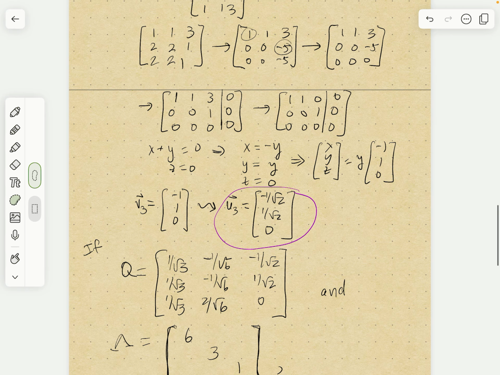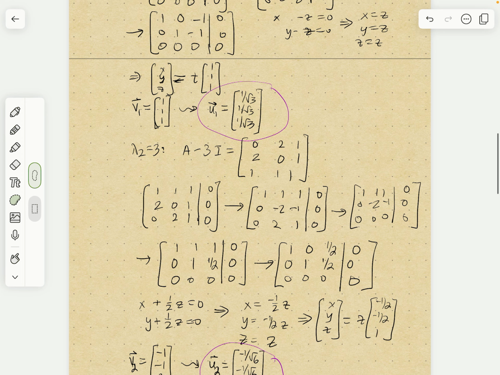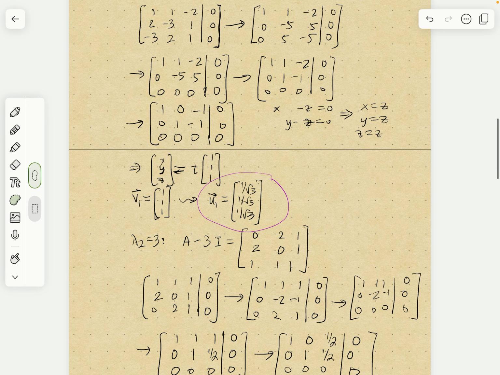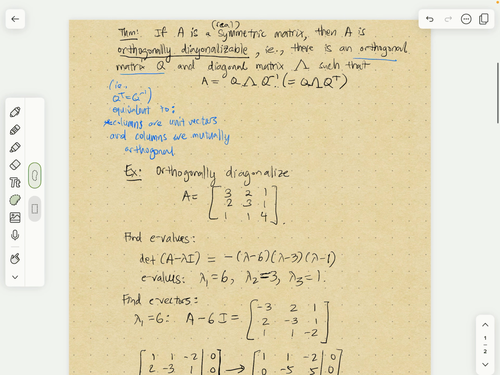And that's because there's a fact that if you have eigenvectors corresponding to distinct eigenvalues of a symmetric matrix, a real symmetric matrix, then the eigenvectors are automatically orthogonal. Okay, so here our characteristic polynomial has 3 distinct roots, right? So you have 3 distinct eigenvalues.